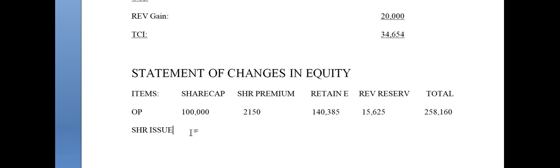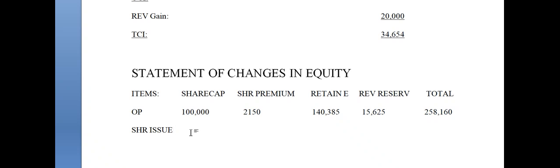Then the amount on top becomes the one that you recognize as the premium. Premium comes as an additional value, like when you are paying premium on insurance. The value is higher, so you are recognizing that higher value as your share premium.